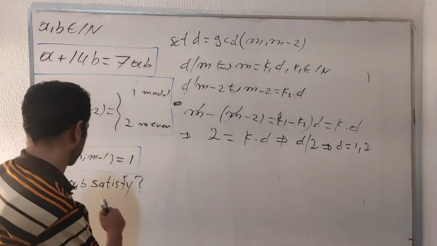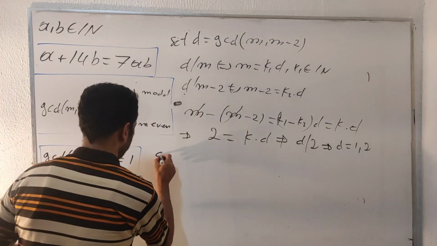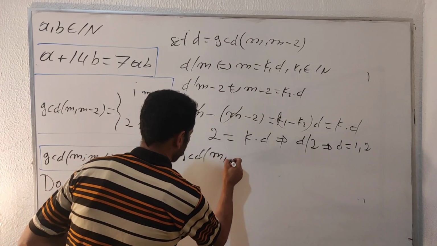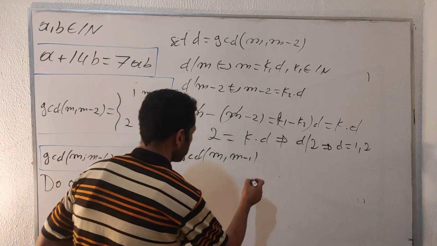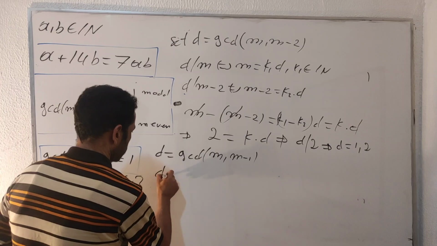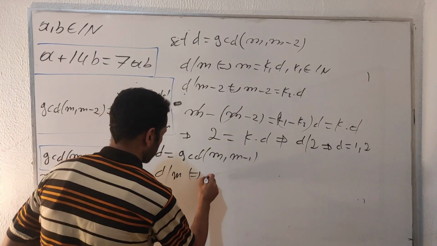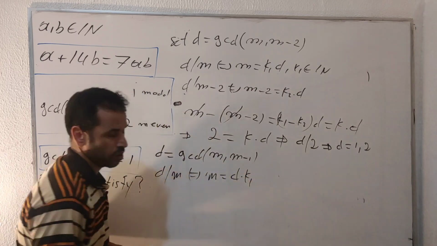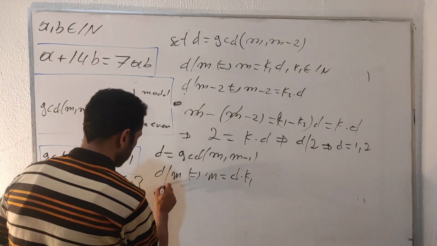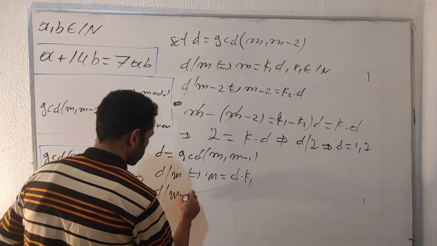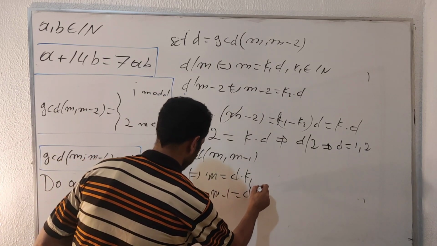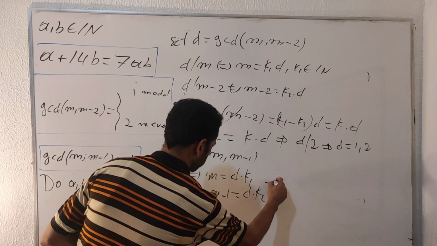Now let's go to the second proof. Let d be the GCD of these two integers, m and m minus 1. d divides m, equivalently m equals d multiplied by k1, where k1 is some natural number. Also d divides m minus 1, equivalently m minus 1 equals d multiplied by k2.